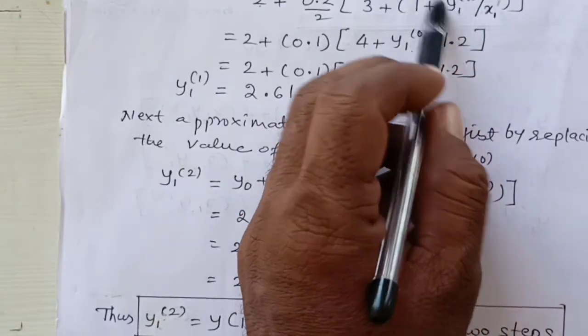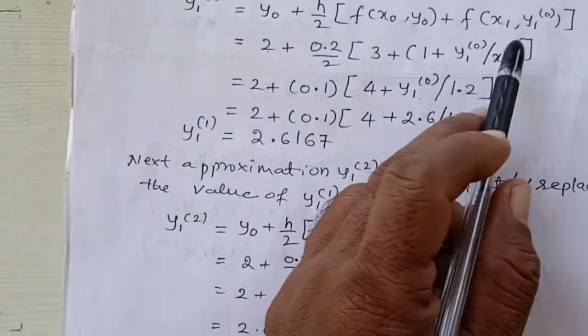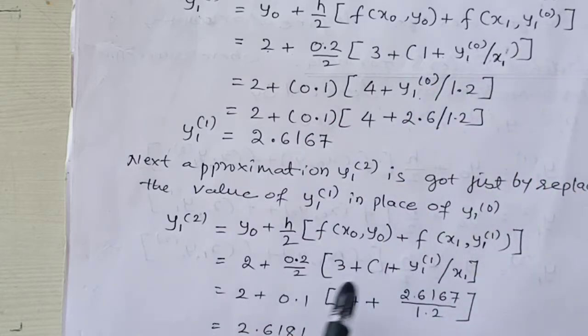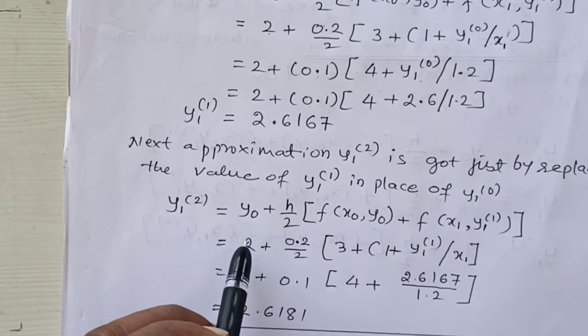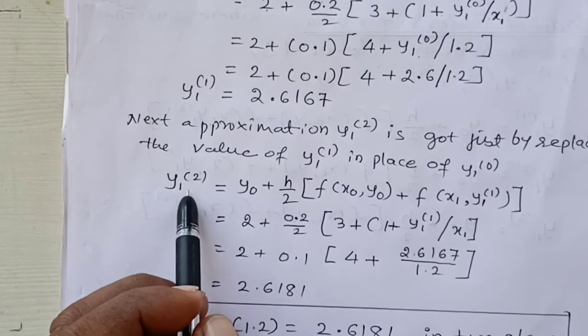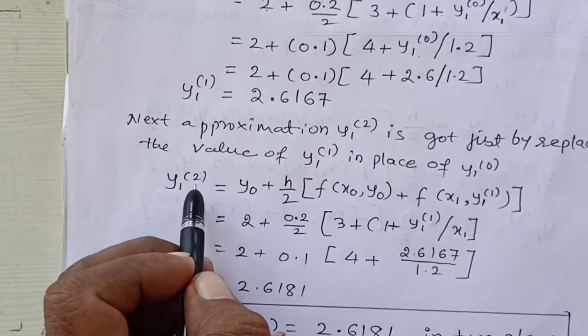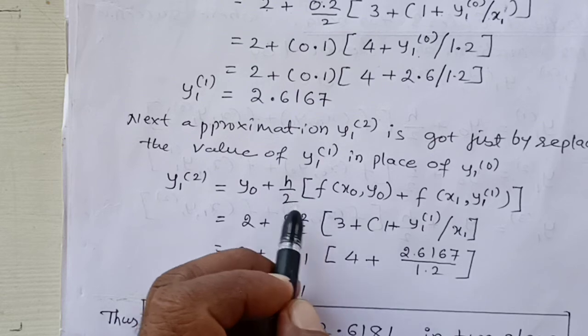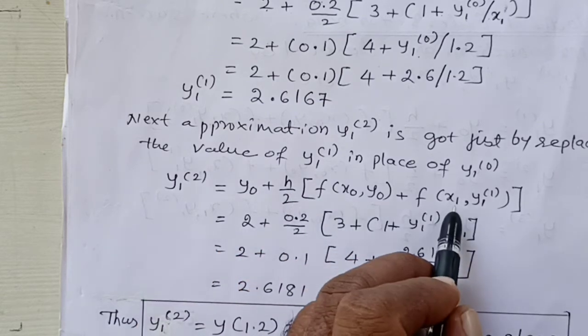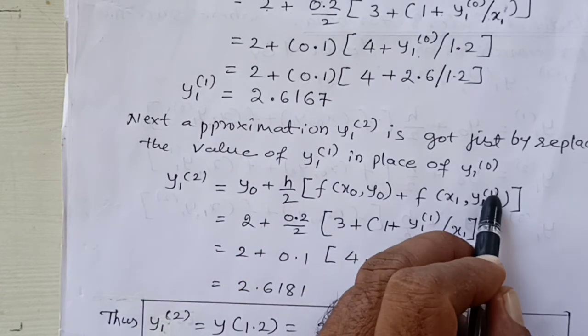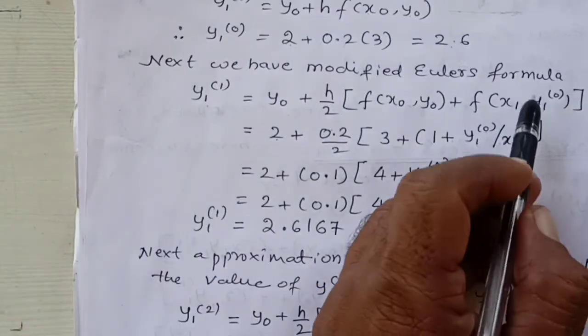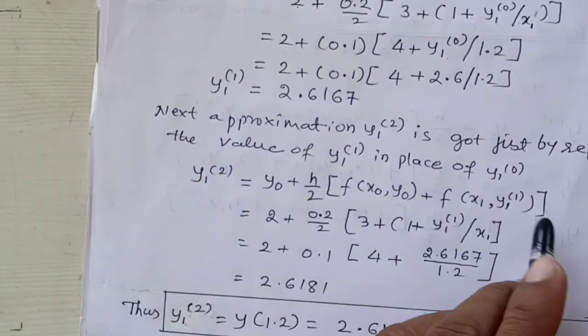Next approximation, y1 at 2 is got just by replacing the value of y1 at 1. So we are going to replace y1 at 0 here. y1 at modified 2 is equal to y naught plus h by 2 times f of x naught y naught, same x1 here, y1 at 1. Earlier it was y1 at 0, now y1 at 1.